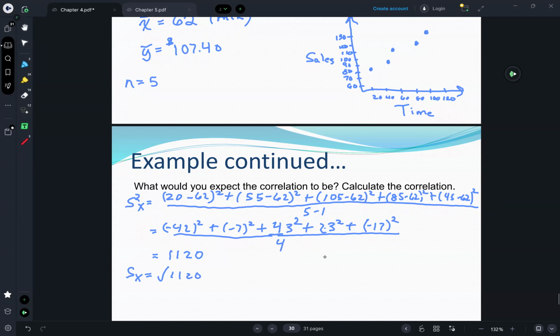And the next one is 110. I'm going to try to squeeze these in so I don't lose room. And 117.